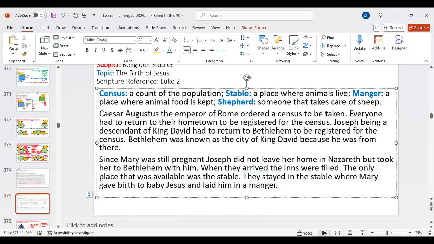So very humble beginnings, right? Imagine this young little boy who's supposed to be the king of the universe, the one who has an army of thousands upon thousands of angels, the one who is clothed with royalty in heaven, humbling himself to be born in a manger amongst rude animals.